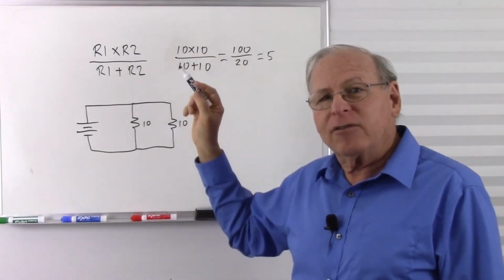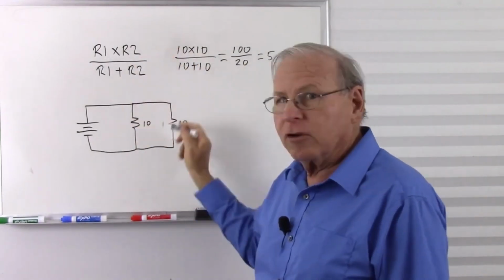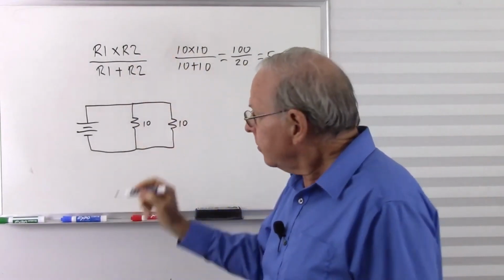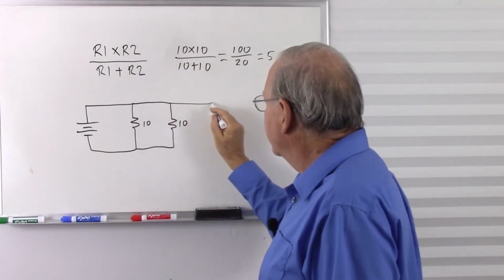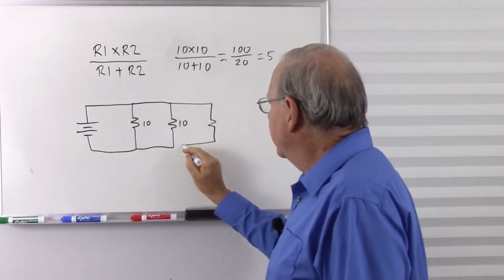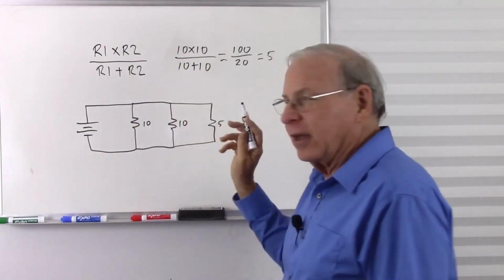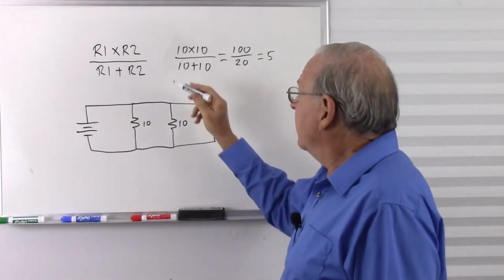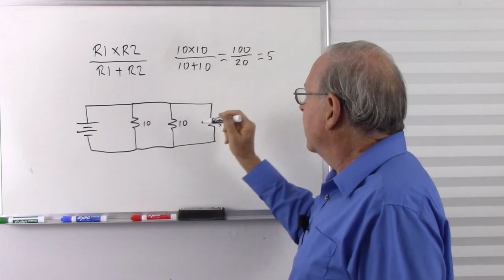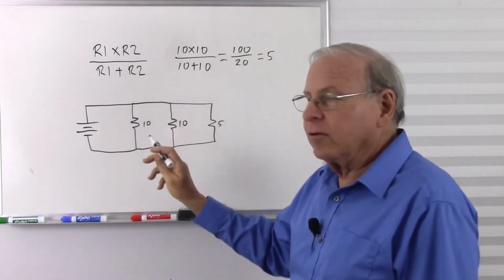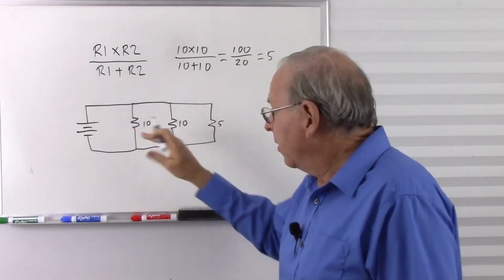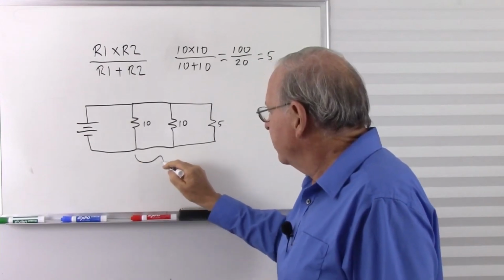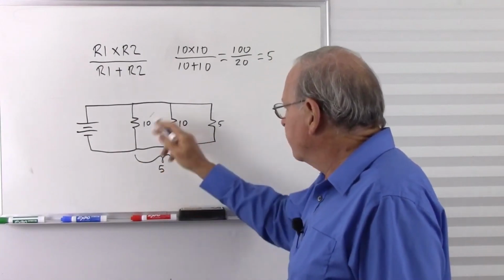The disadvantage to this formula is you can only do two resistors at a time. For example, if I have a third resistor, we'll make this one 5 ohms because we can make the math very easy, we would have to do the formula a second time. We do it the first time for the 10 ohms in parallel, which gives us a total of 5 ohms for those two.